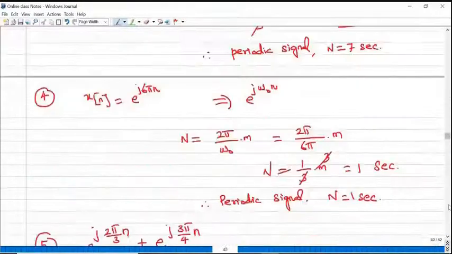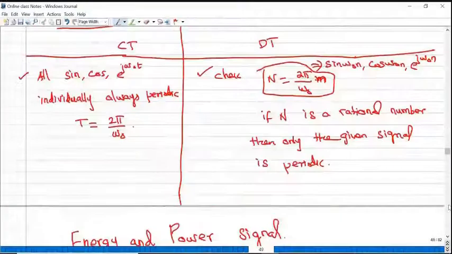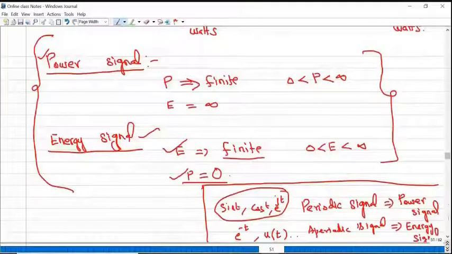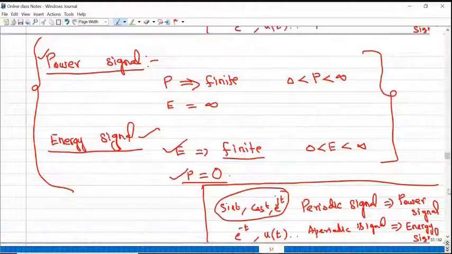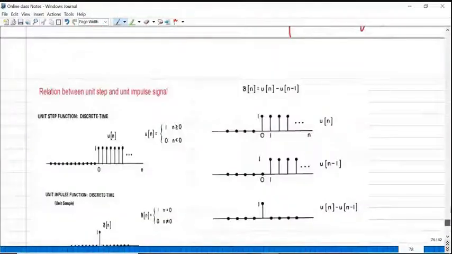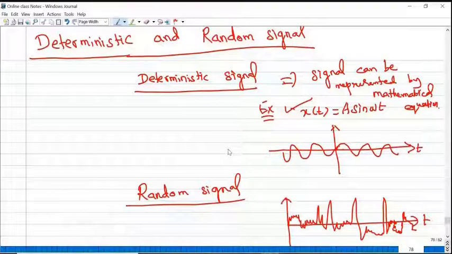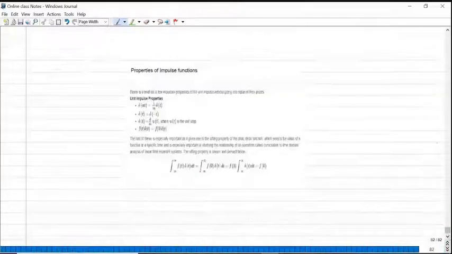Then energy signal, even signal and odd signal. That is also very important. Power signal, energy signal, causal and non-causal signal. Finally, deterministic signal and random signals. Okay, right. So along with this, some basics are available in Unit 1.